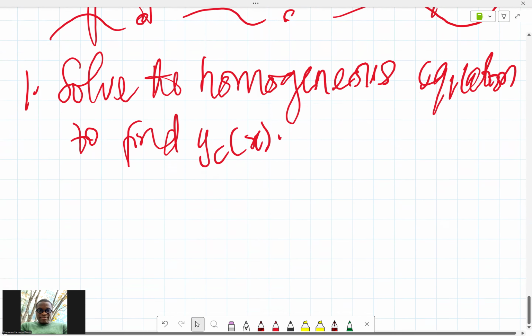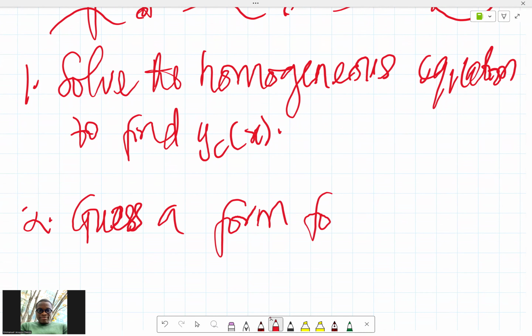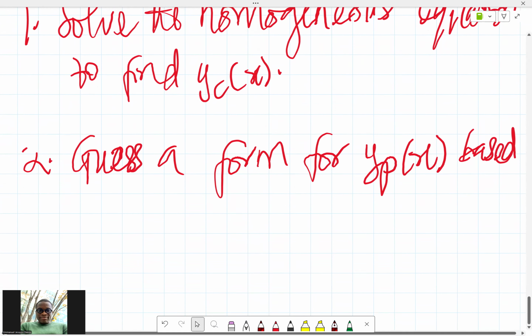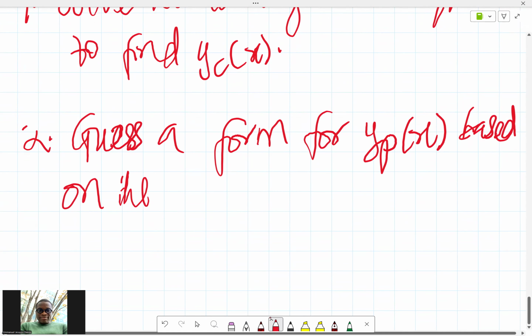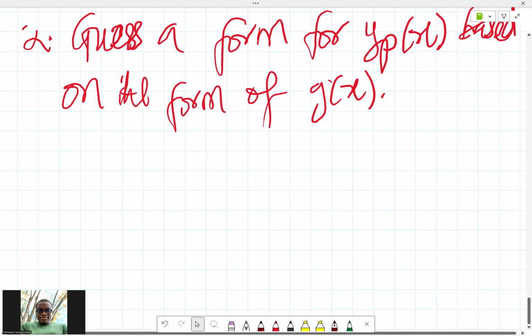Step 2, you guess a form for yp of x. That's the representation for the particular solution, and it will be based on the form of g of x. This will be explained better with each example we take.